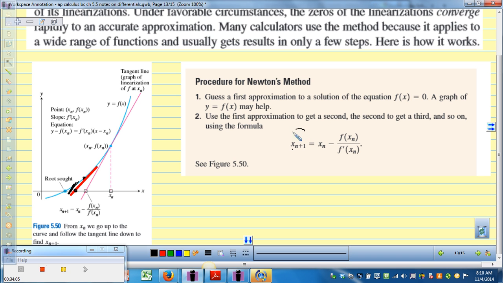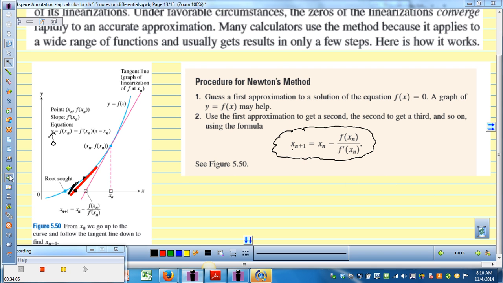So then they just find this formula by plugging in 0 for y on the tangent line. They just plug 0 in here because that's where the x-intercept will be. And then they isolate our x. So it's just rearranging with algebra. So we can always get the next x value from the previous one. So let me show you the example for this one.